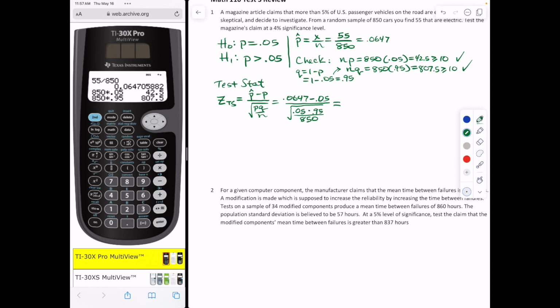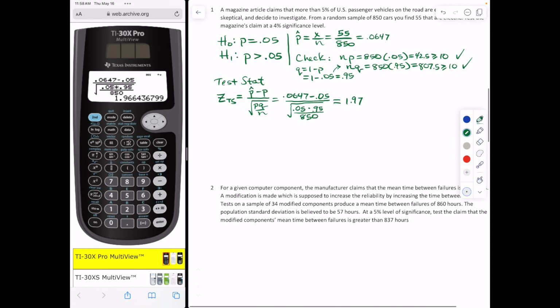Okay, so let's go over to the calculator. Okay, so that's going to be 1.966. I'll go 1.97. So that's almost 2 standard deviations, which generally we would consider statistically significant.